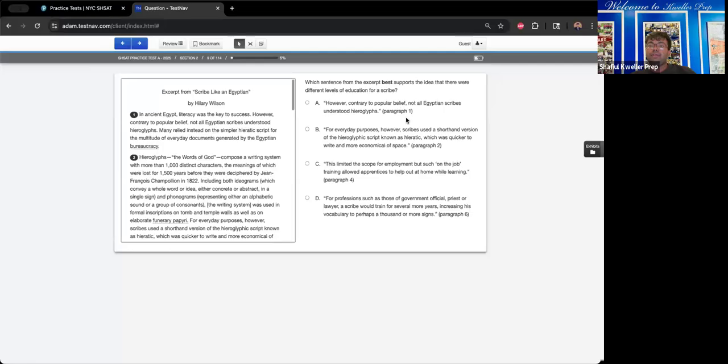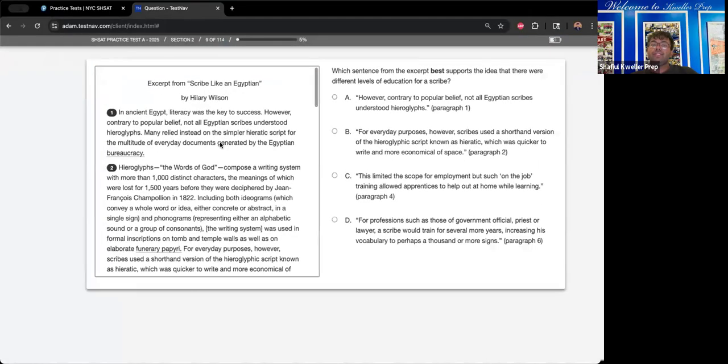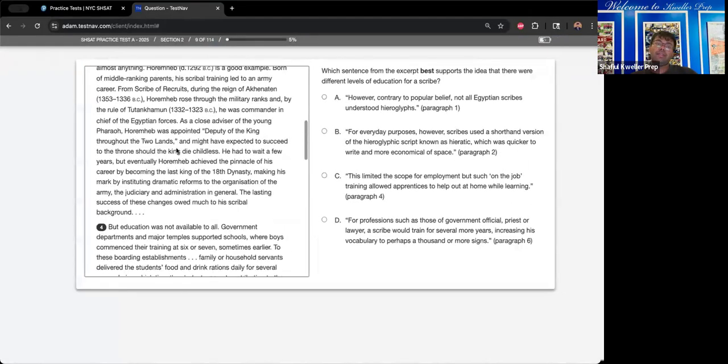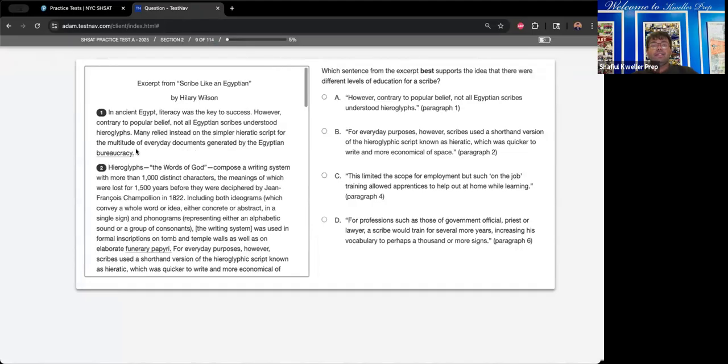Okay, let's start. Which sentence from the excerpt best supports the idea that there were different levels of education for a scribe? Okay, so first let's go through what's in each paragraph.